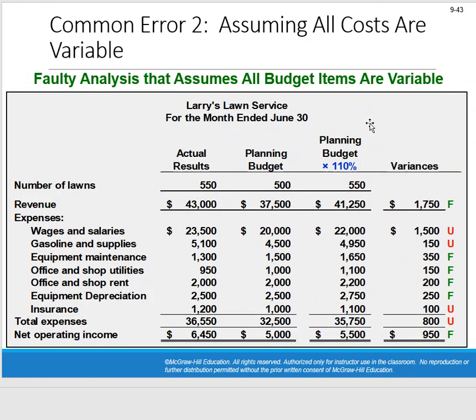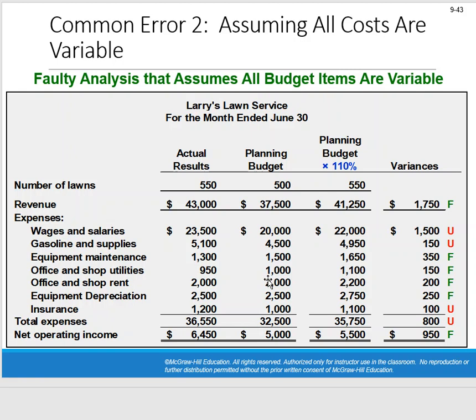Common error number 2 is to assume that everything's variable. So if our planning budget was for 500 lawns, but our actual is 550 lawns, well, that's a 10% increase. So we could just multiply everything by 110%, and that would be our new flexible budget. It's our planning budget times 110%, but that's not the correct way to prepare a flexible budget because it doesn't factor in these fixed items down here.